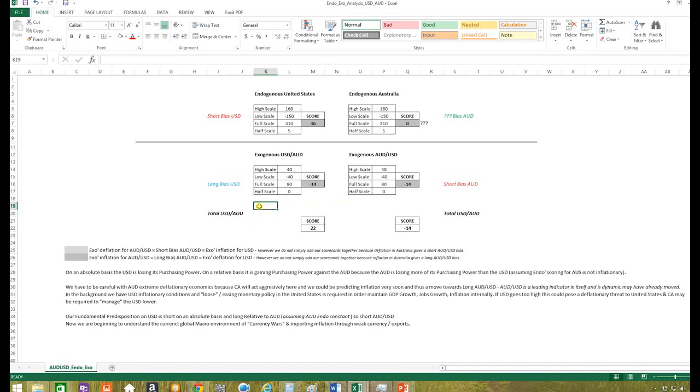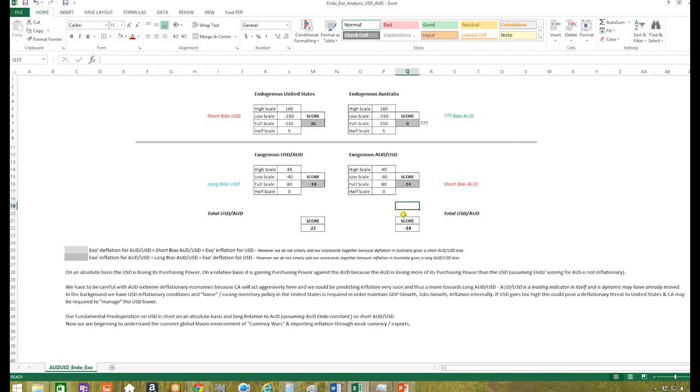So our score, most importantly overall, is to see whether this number through the exogenous analysis is either contributing positively to our endogenous score or negatively to our endogenous score on both sides of the coin. So also in Australia, we've kept our endogenous analysis constant, and the exogenous analysis is contributing negatively to our Australian scorecard.